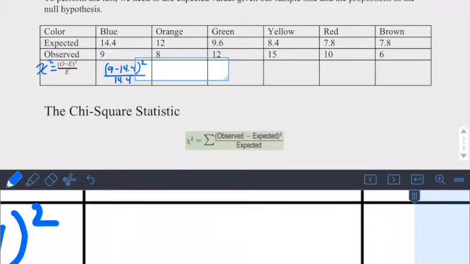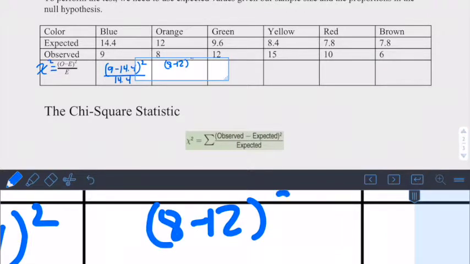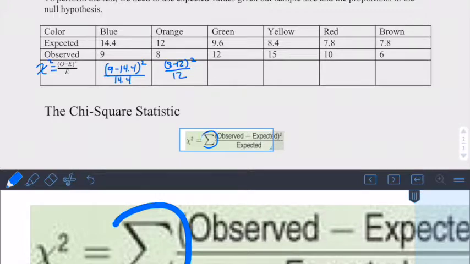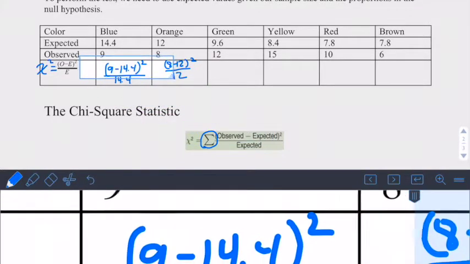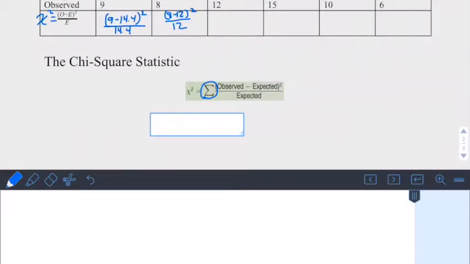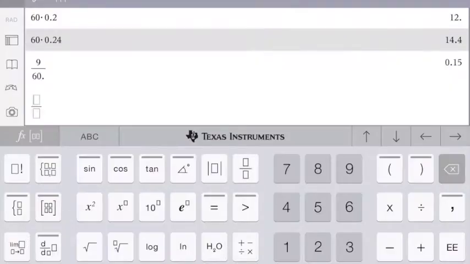We would calculate all of these. So this would be 8 minus 12 squared over 12 for all of them. And then you see this symbol, the sigma, it means sum. We add them all up. So once we find all these and add them all up, that is our chi-squared statistic. So I'm going to go right to my calculator and type all of this stuff in as one thing.